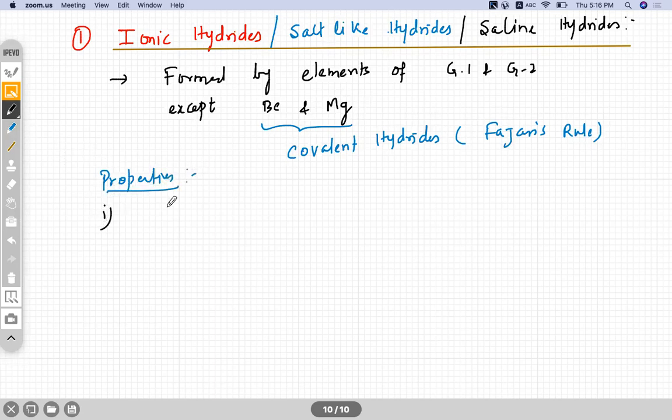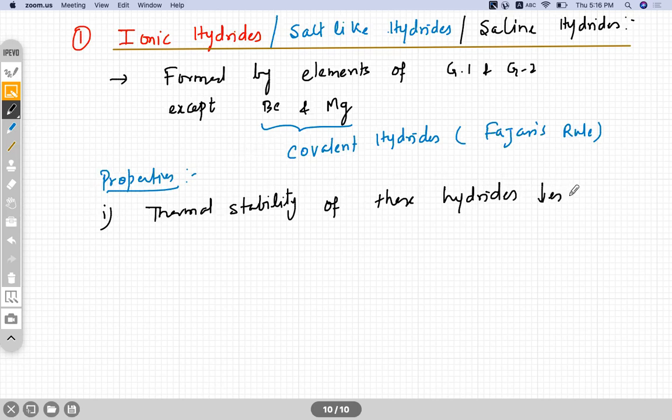The first one, thermal stability of these hydrides decreases down the group. The reason is the same.